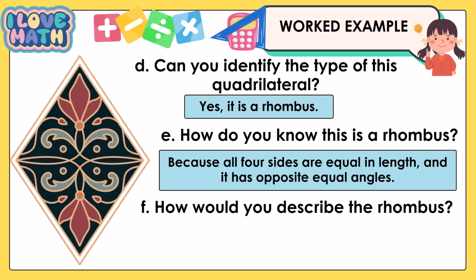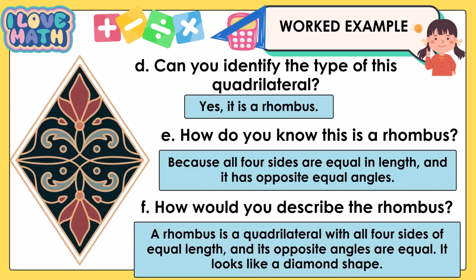How would you describe the rhombus? The answer: a rhombus is a quadrilateral with four sides of equal length and its opposite angles are equal. It looks like a diamond shape.